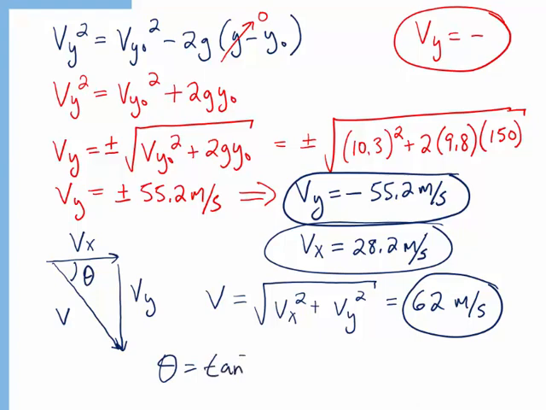So the inverse tangent of Vy over Vx. So if you calculate that, what you should get is negative 63 degrees. Remember that in physics, we usually leave that angle in the fourth quadrant as a negative angle because it's easier to visualize negative 63 than it is to visualize that big angle that you get if you add 360 to it.